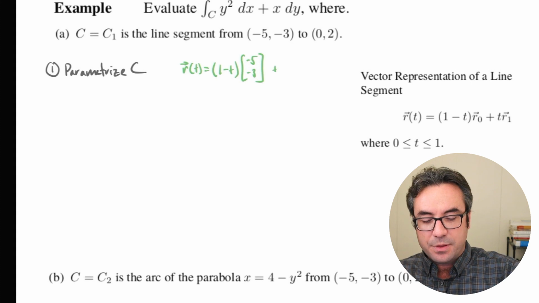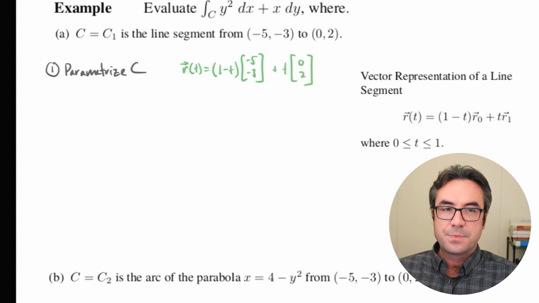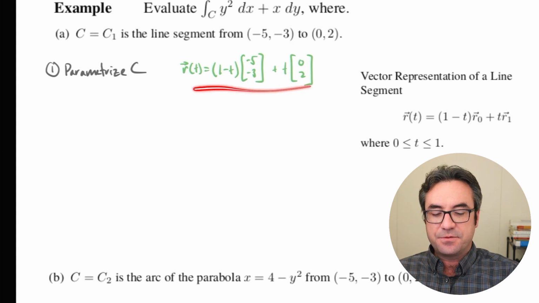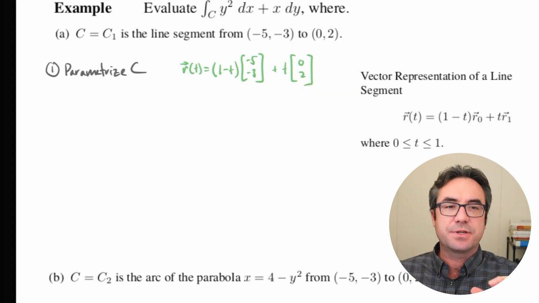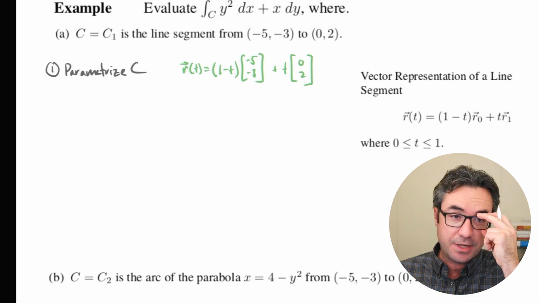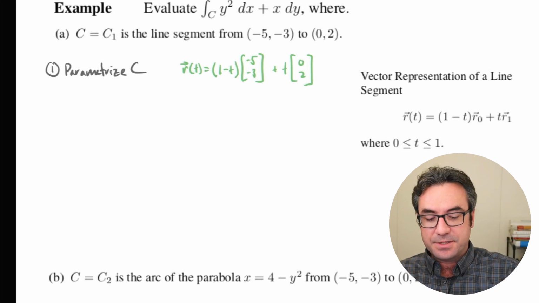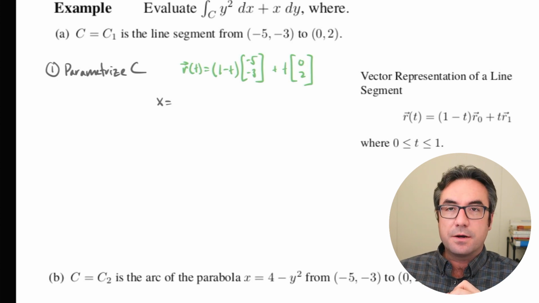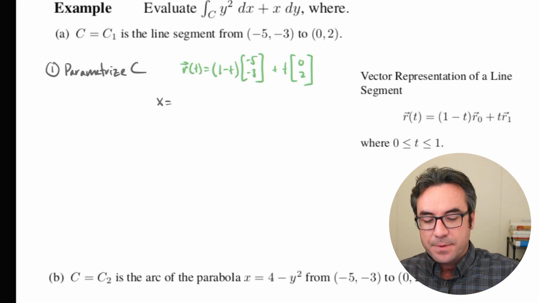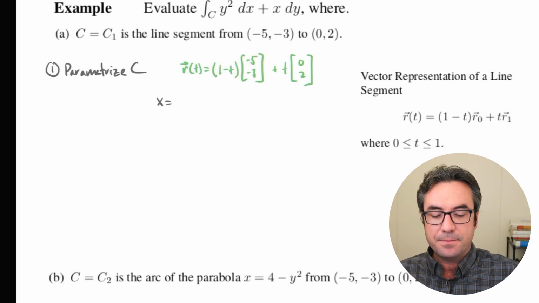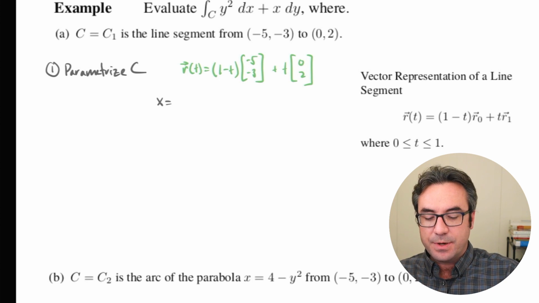So we're going to have plus t times 0, 2. This is fine for a vector equation, but let's write out what the parametric equations are. So x, if we follow along, the equation for x here is going to be -5 times 1 minus t, and then 0 times t. So our x equation is going to be -5 plus 5t.